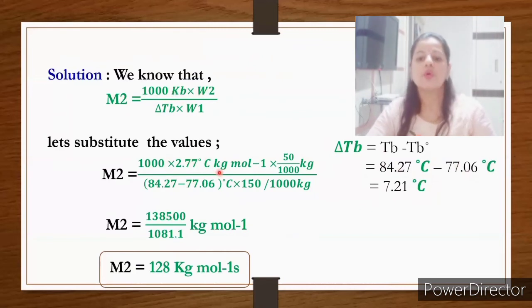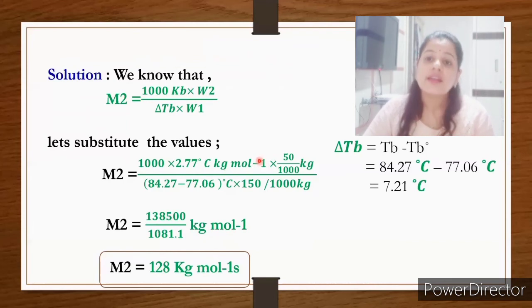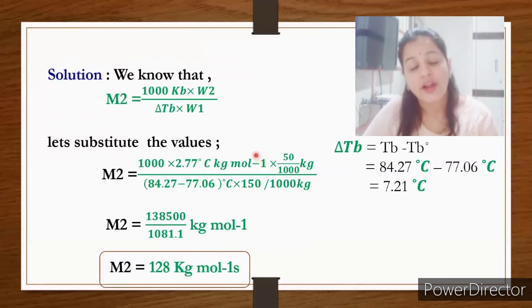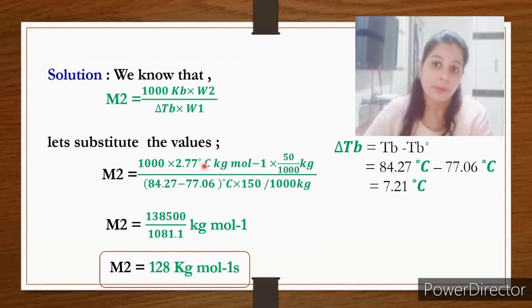Now let us substitute all the other values in this formula and calculate. So M2 will be equal to 1000 into Kb. Kb is 2.77 degrees Celsius kg per mole. Always try to write the units, because unit carries separate marking.